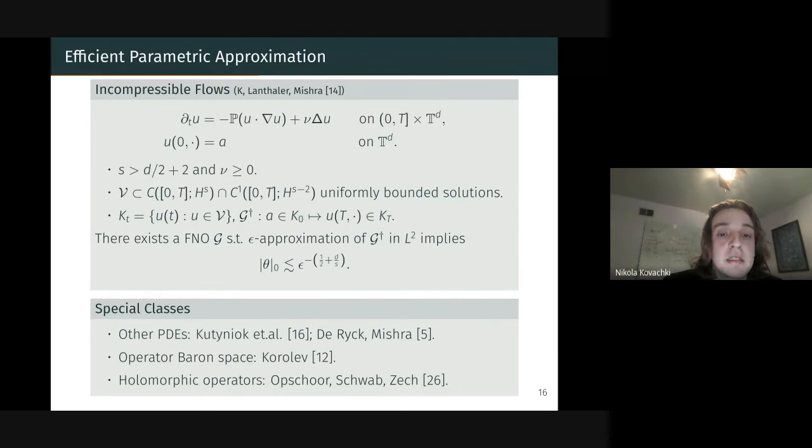So if I consider some kind of incompressible flow, this can be either Navier-Stokes if mu is greater than 0, or it can be the Euler equation if mu is exactly 0.